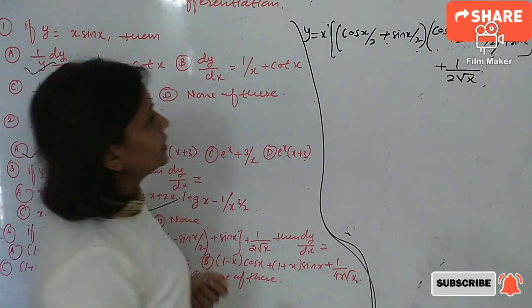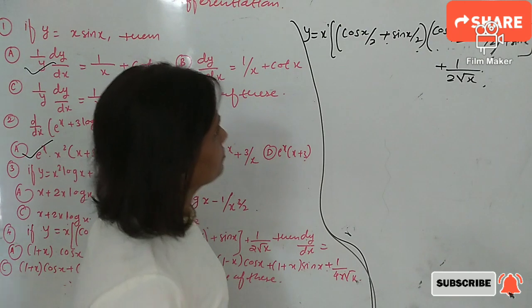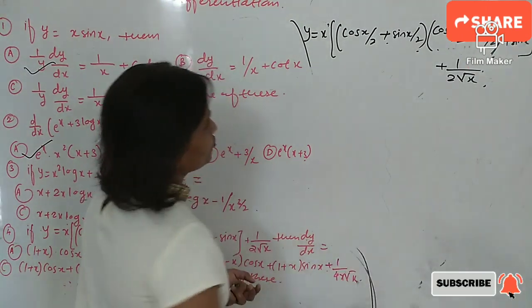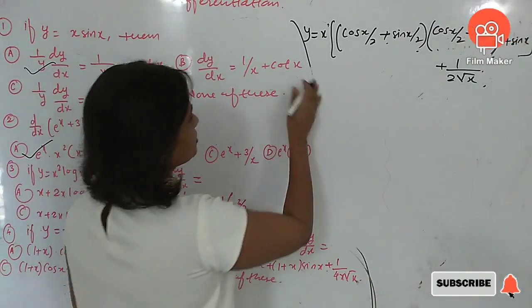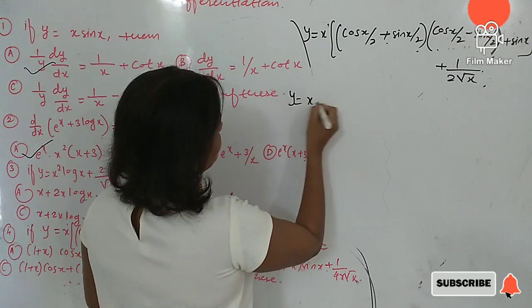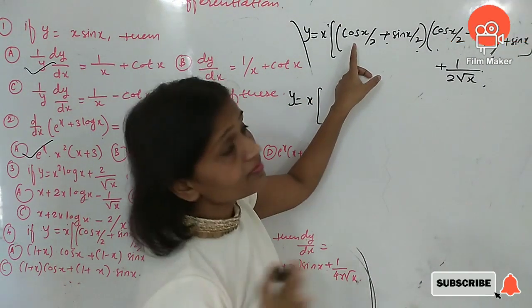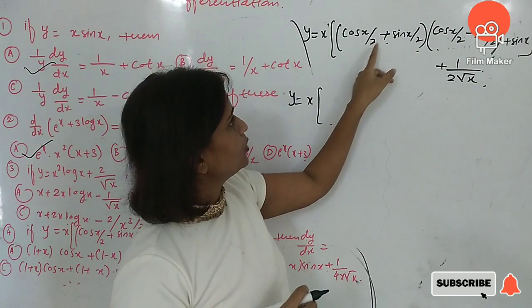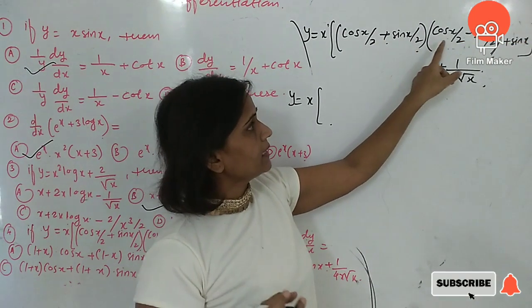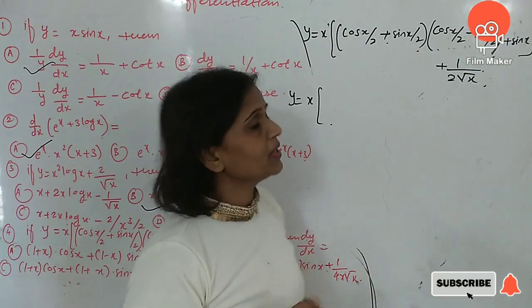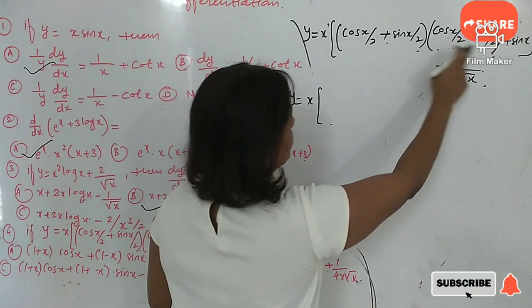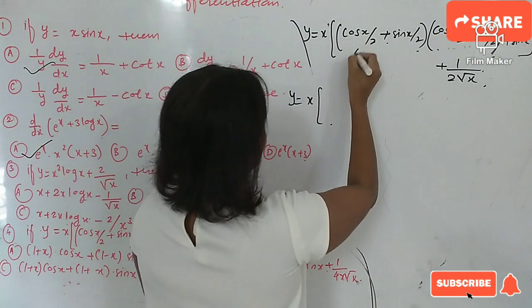So simply differentiate. So first simplify this function. So y is equal to x as it is, and observe these two values, cos x by 2 plus sin x by 2 into the second bracket cos x by 2 minus sin x by 2. These both values are the same, only the sign is changed.